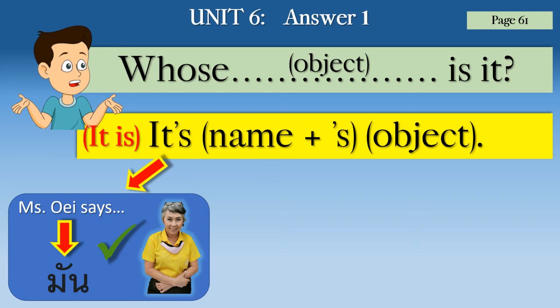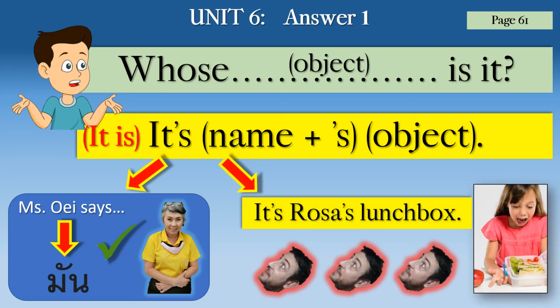Now that English is okay, but it's very boring and long. So we take out the word lunchbox at the start of the answer and we say it's. Much easier, much faster, and not boring. Thank you, Miss Oy. Thank you very much. Good job.